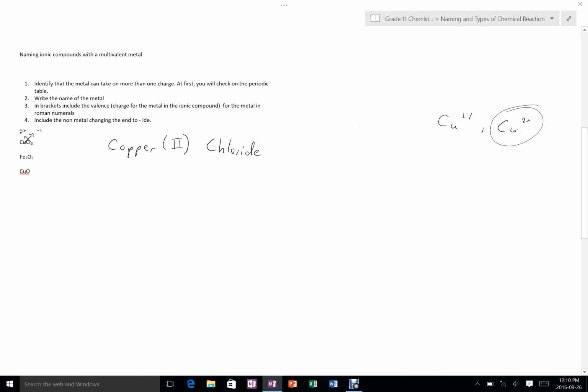Then for the next example, Fe is iron. If I look it up on the periodic table, I'm going to see iron could be 2+ or 3+. So I know it's one of these ones that I have to specify, so I put my brackets in. Oxide. Now, it's Fe2O3.